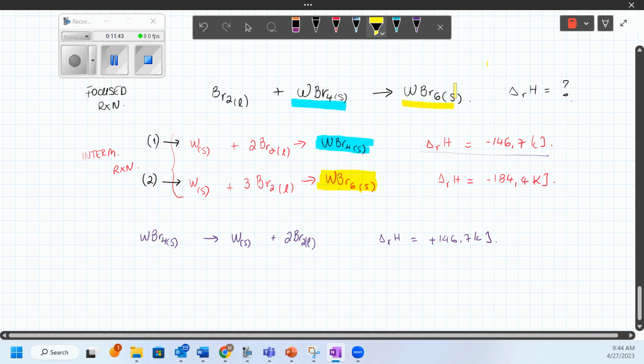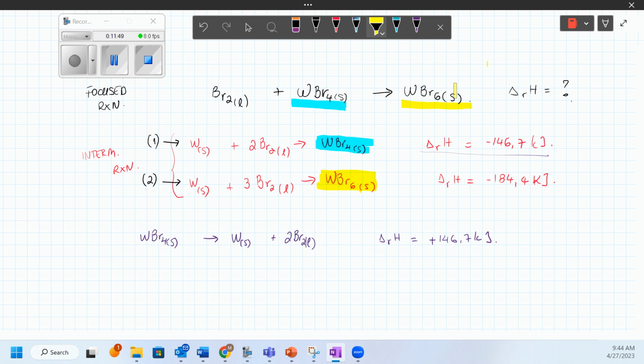It's because this is where I want to go. This is the main thing that I want to reach. So when I see that, then I say, should I save it or should I flip it? Since they are on the same side, we will save it.